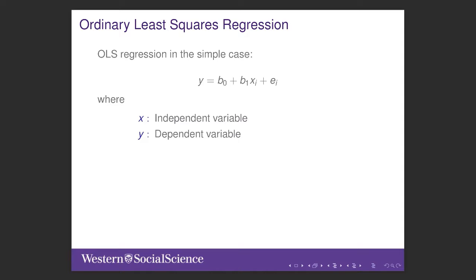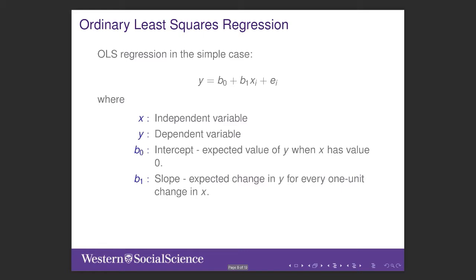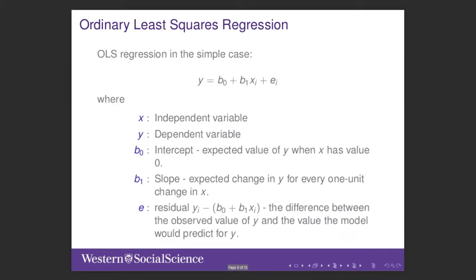This is the variable we're trying to explain. B0 is the intercept, that is the expected value of y when x has value 0. B1 is the slope. It tells us how we expect y to change when x changes by 1 unit. And finally, e is the residual. It's the difference between the value of y that we observe and the value that the model would predict for y.